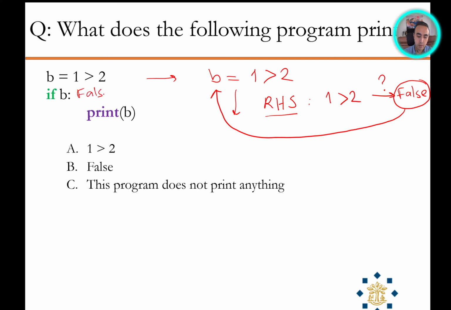And then we have if b false, so basically this is if false. Since this is false, we skip the if block, right? We go to else, but there is no else in here, so we just don't print anything. The answer is C.